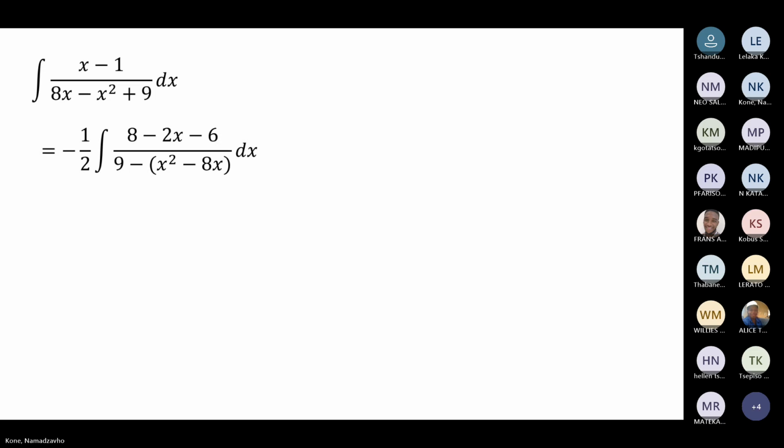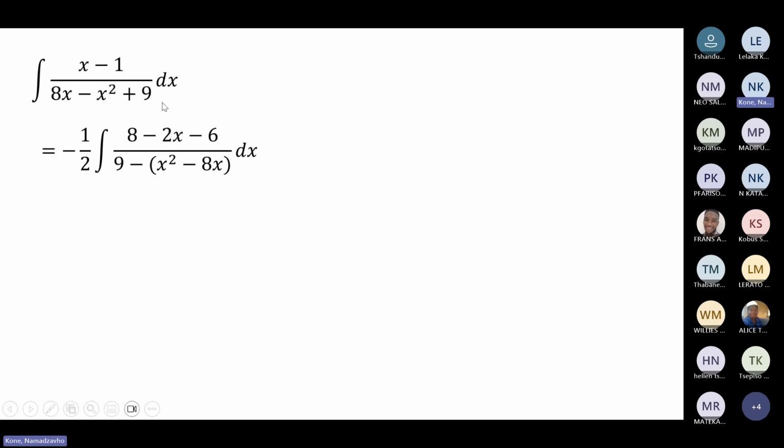Now, the first part is to get the numerator to contain the derivative of what is at the bottom. Let's look at it from the beginning without brackets, where we still have the original question.